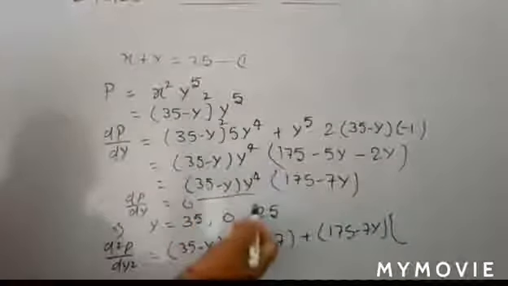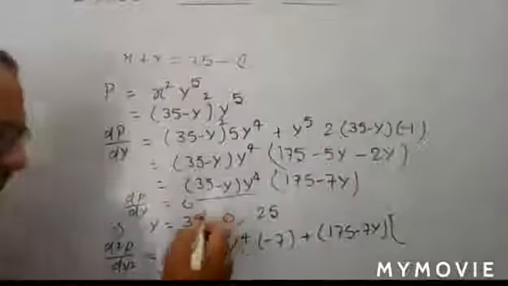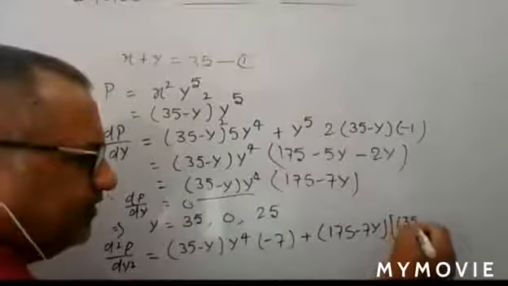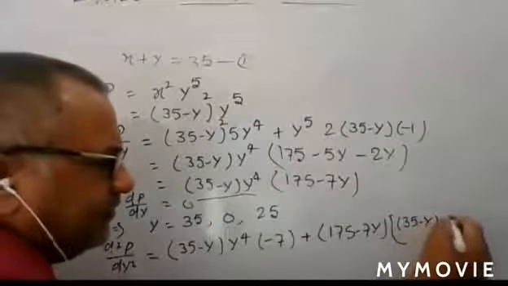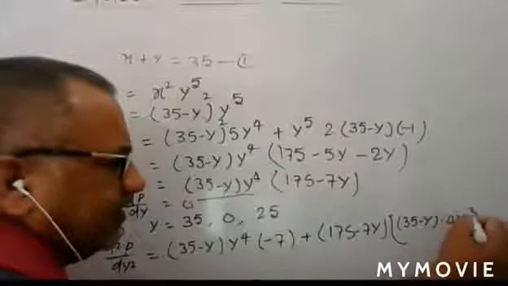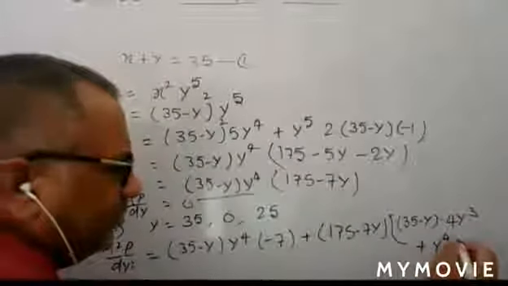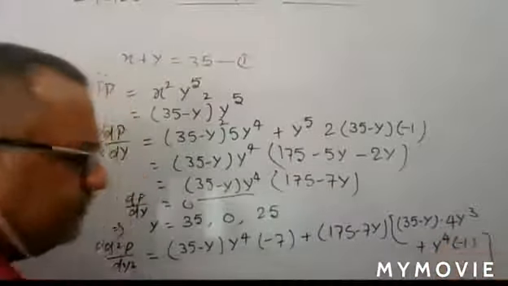Here you again apply the product rule. So here you have (35 minus y) first function, differentiation of second 4y cube, plus second function y to the power 4 into minus 1 into minus 1.